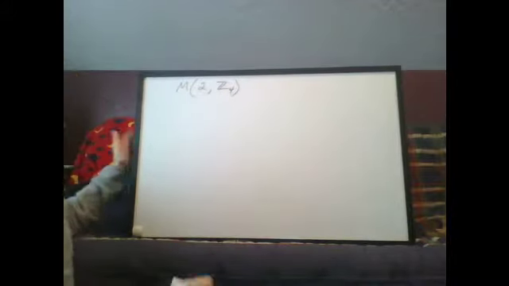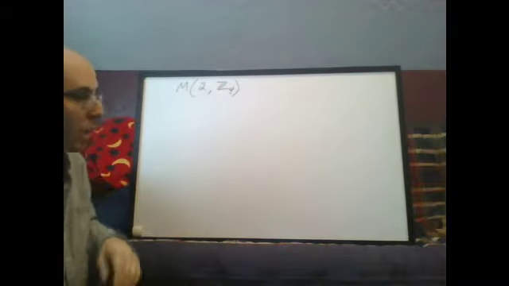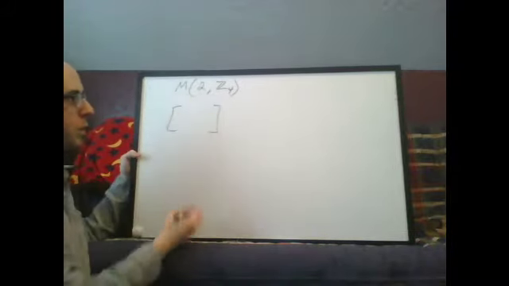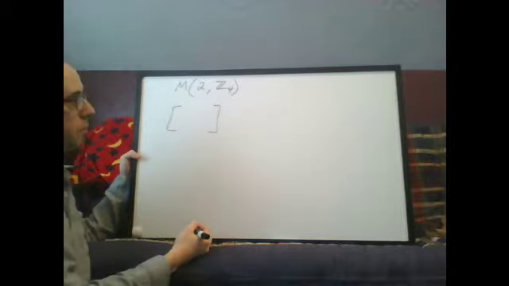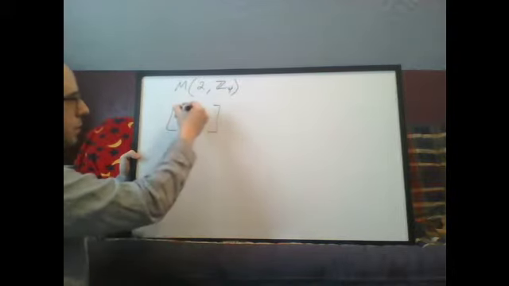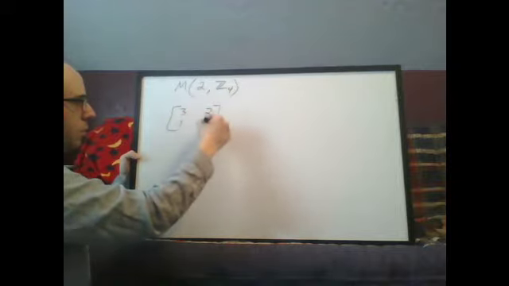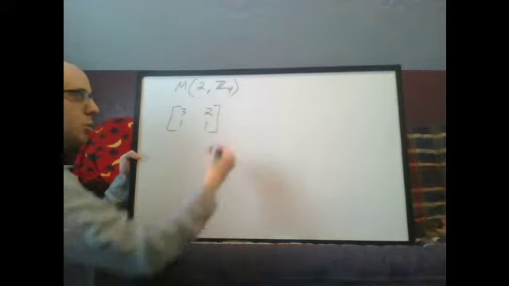M2Z4, just to illustrate what I mean by inheriting the ring operation from Z4. An individual element here would be a 2 by 2 matrix whose 4 corners are all coming from Z4. So maybe something like 3, 2, 1, 1. There's one matrix.